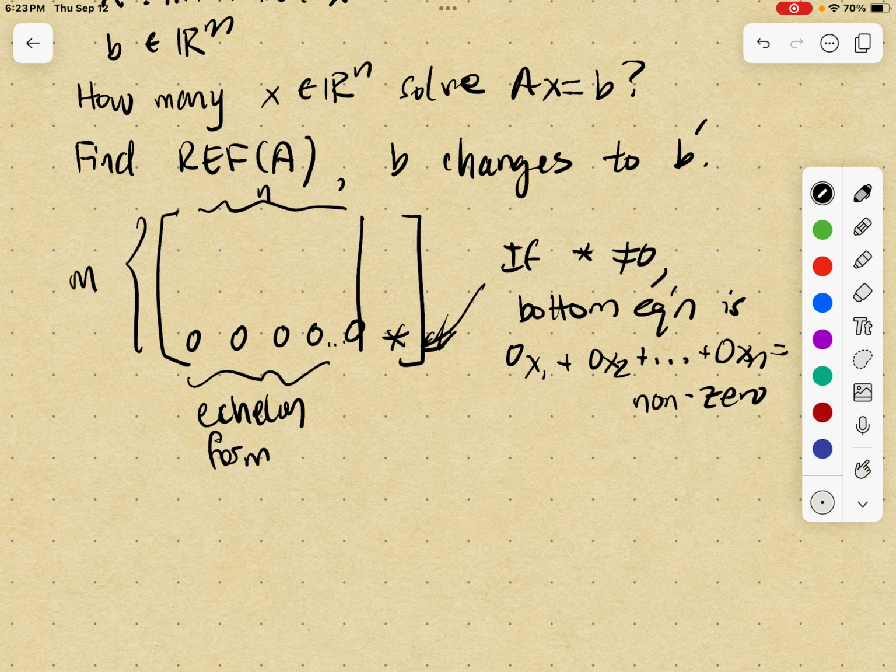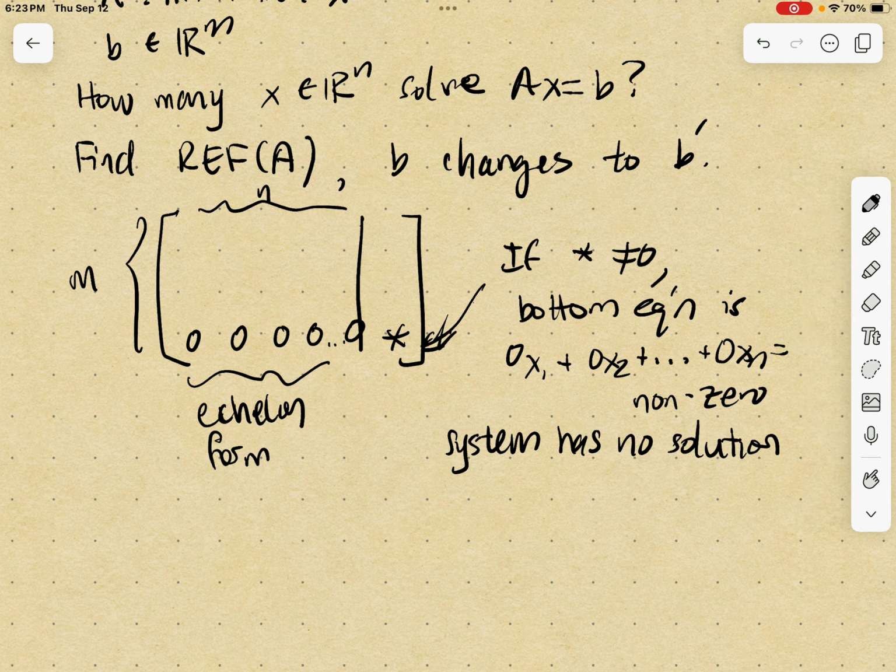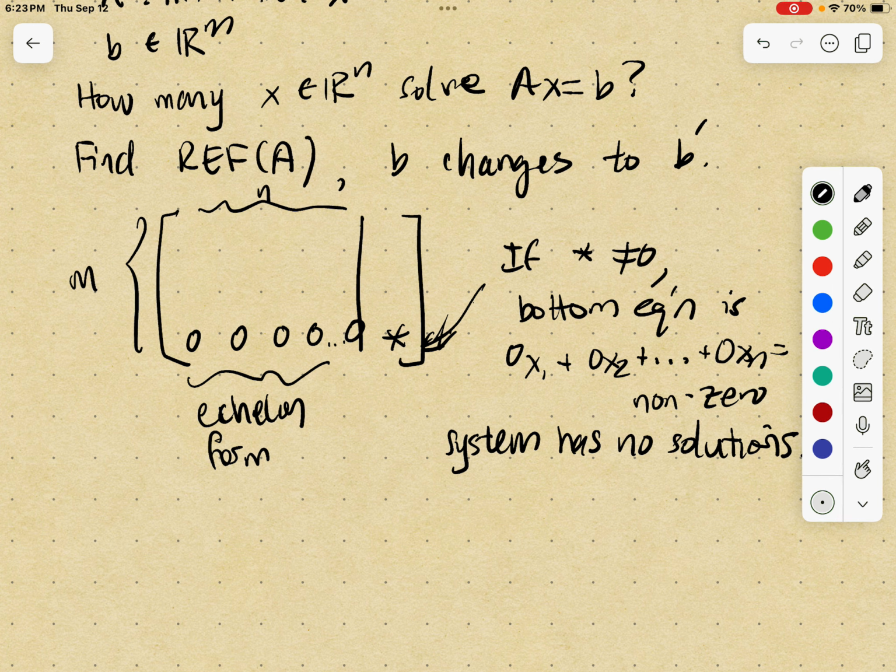So this system has no solutions. And when we say no solutions, I mean it has no solution at all, right? So in this case, the system is inconsistent. Some linear algebra textbooks use this terminology. Not all linear algebra books, but many of them, the standard ones, do use this term. The system is inconsistent.